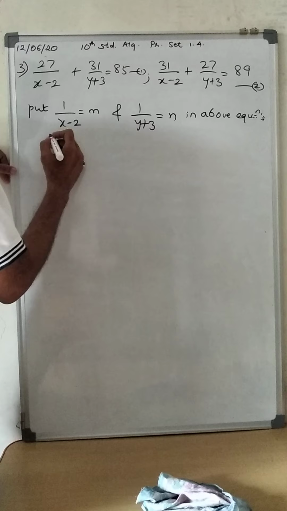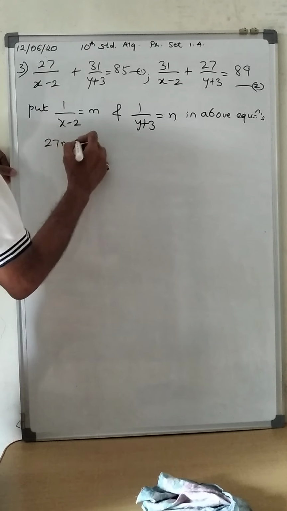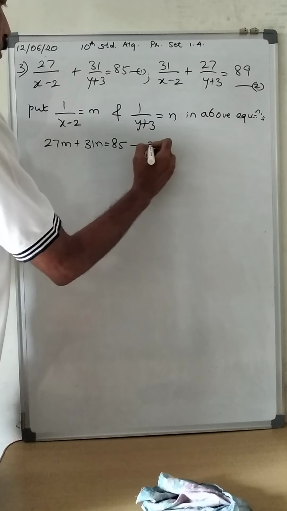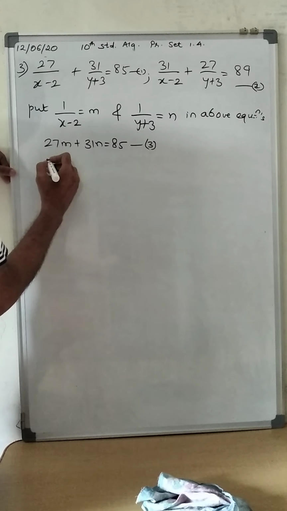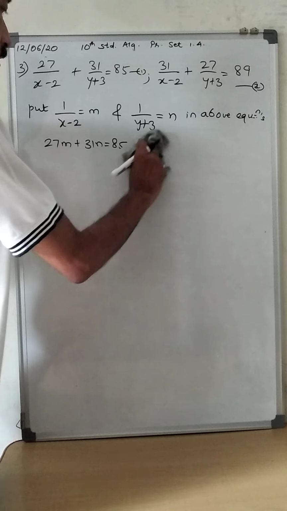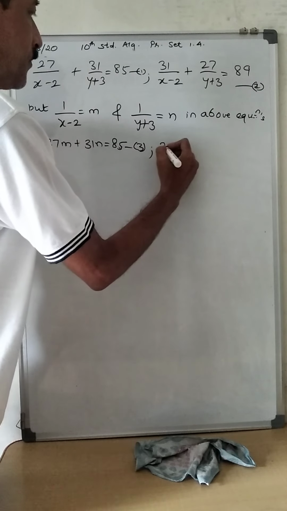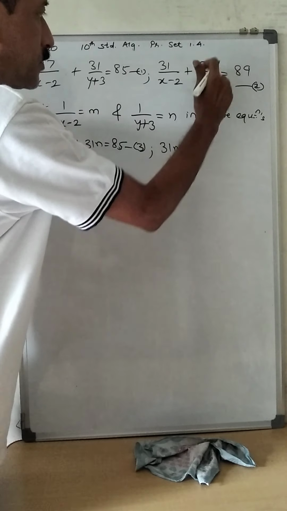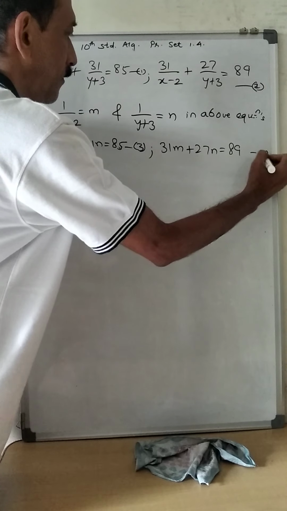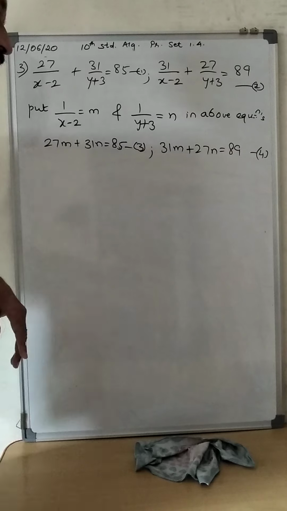So we get 27m plus 31n is equal to 85, equation 3. And we get 31m plus 27n is equal to 89, equation 4. So we got two equations which are now linear equations.